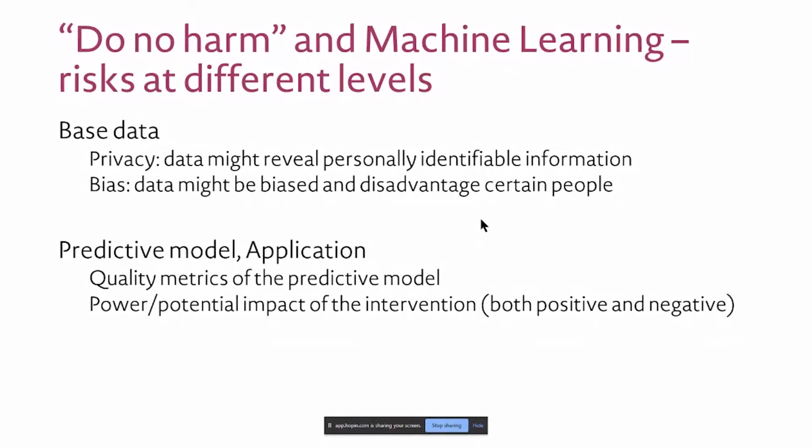And then looking at the application or intervention, we also need to look at what is the potential power and potential impact of the intervention, both positive and negative, and both anticipated but also unanticipated. And how does this play together with the model or the different options of the model that we have and that we can choose from.